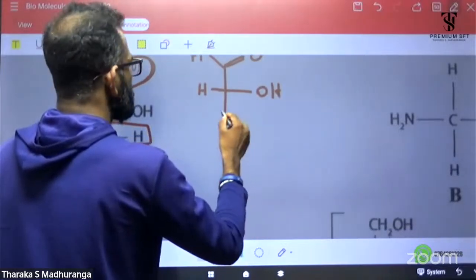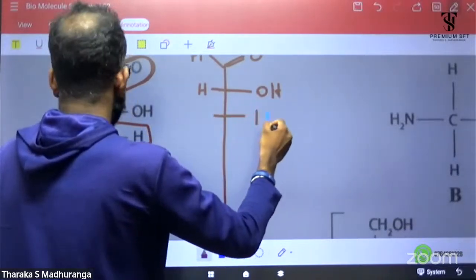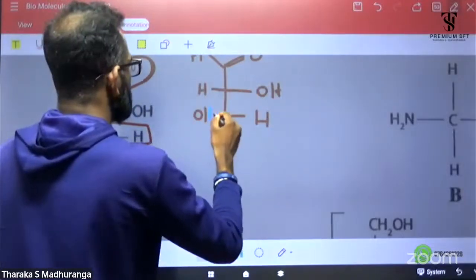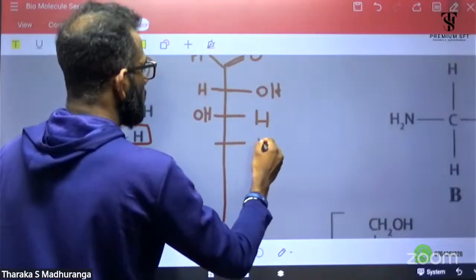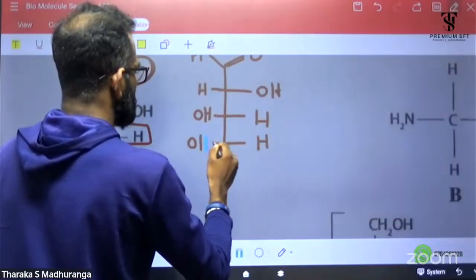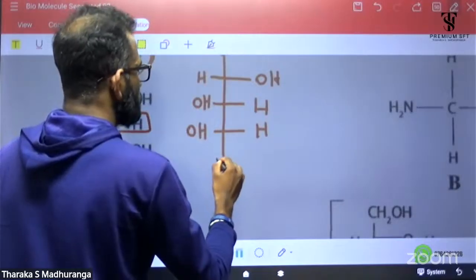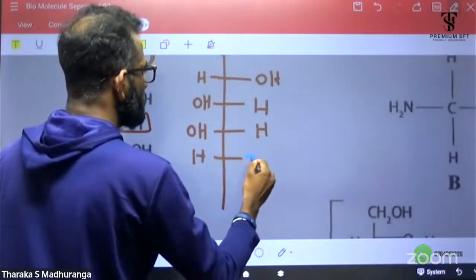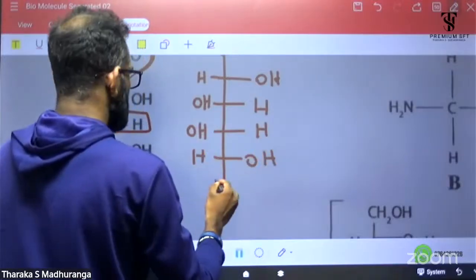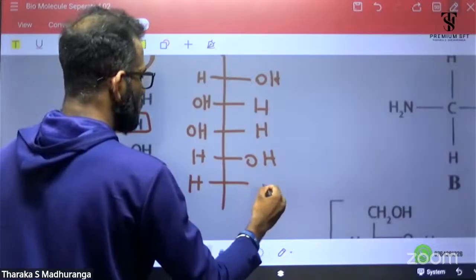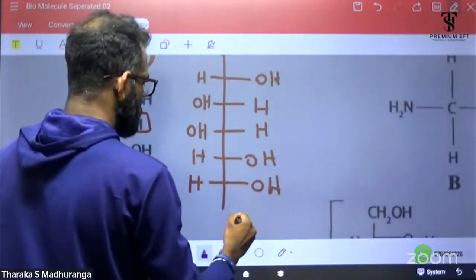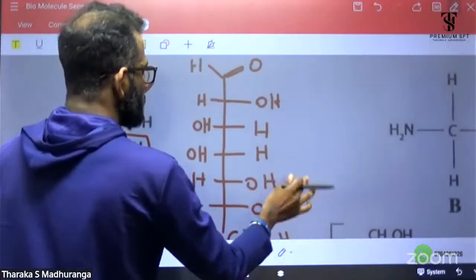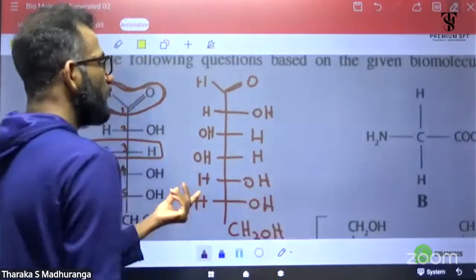Third carbon, hydrogen, OH. Fourth carbon, hydrogen, OH. Fifth carbon, hydrogen, OH. CH2OH. This is the structure of galactose.